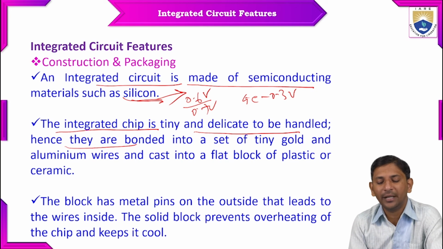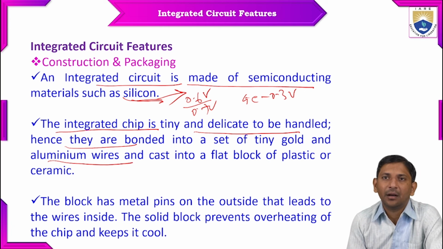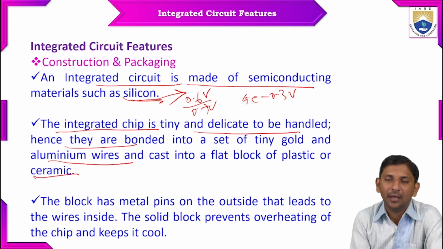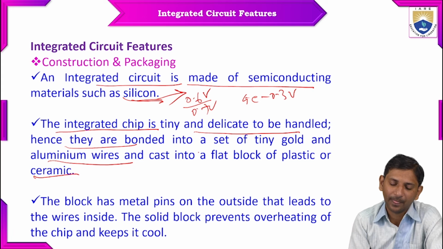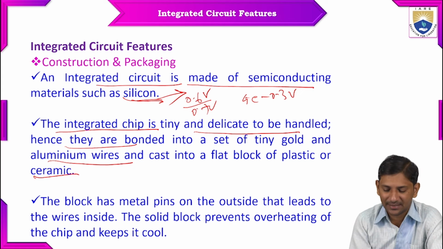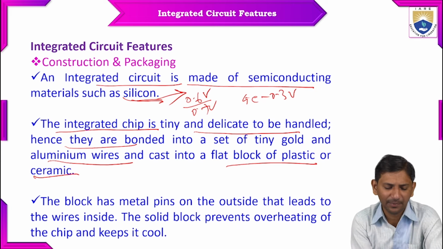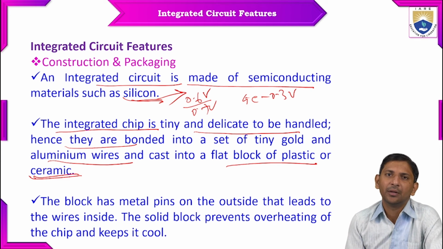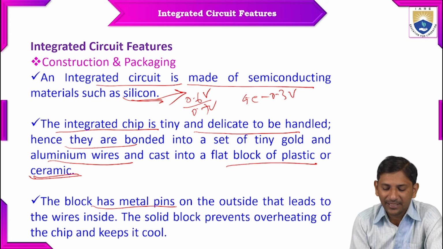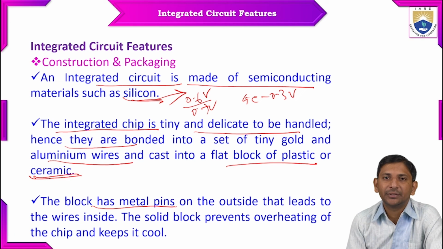Hence, they are bonded with tin and gold and aluminum wires are cast into the flat back of plastic or ceramic. Earlier, they used high weighted materials like aluminum, etc. Now we replace them with a plastic or ceramic material. We use it to design these ICs. And the black body has metal pins on the outside of the lid.